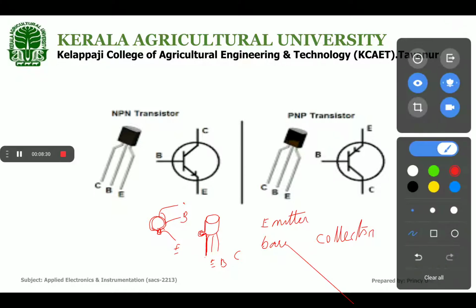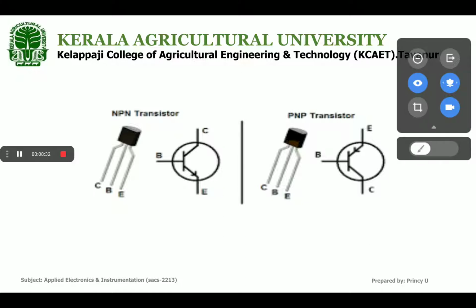So, let us see which are the types of transistors. A transistor consists of 2 PN junctions formed by sandwiching either P-type or N-type semiconductor between a pair of opposite types.